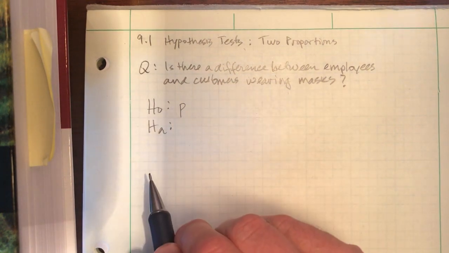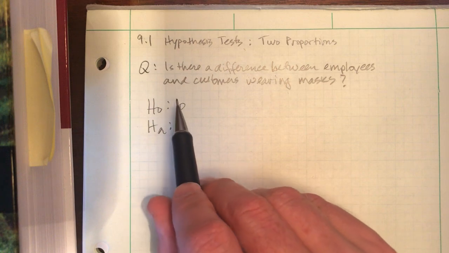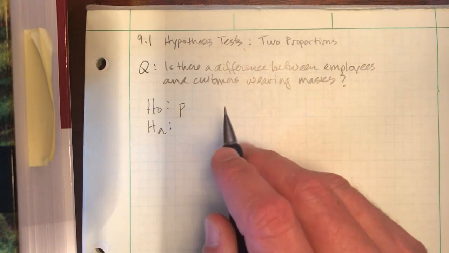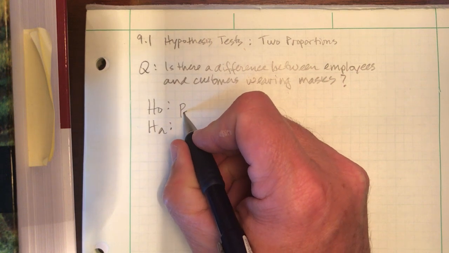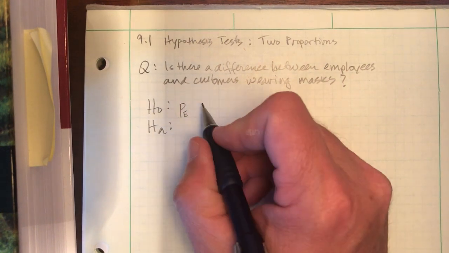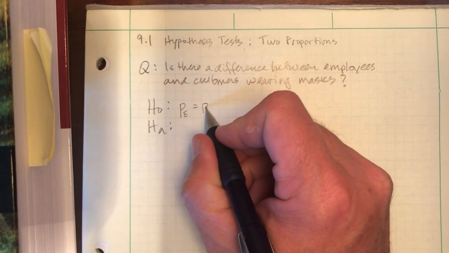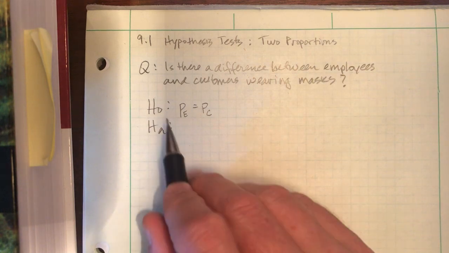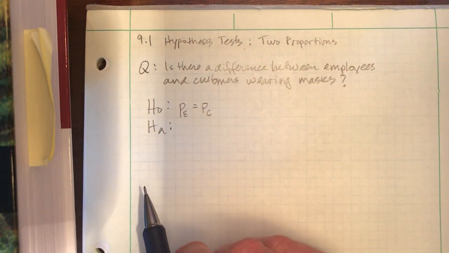That represents a population. And what we're looking for are there's two different groups. There's the employees and customers. So I could even use a little sub E to stand for the proportion of employees is equal to the proportion of customers. Remember, the null always gets the equal sign.